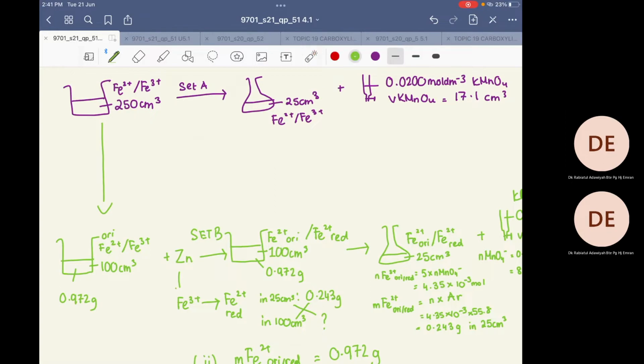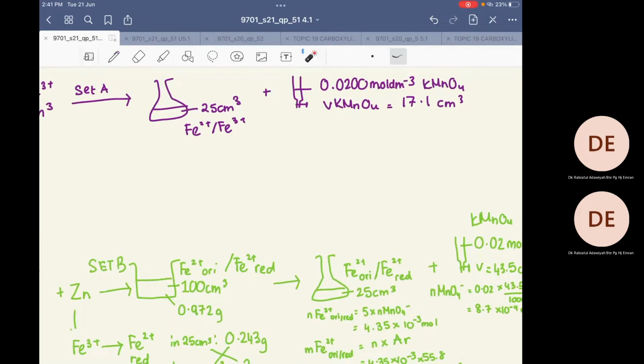The same method like we did for set B. We always start with concentration, volume. So from there, I can find the number of moles of manganate ion: 0.02 times 17.1 over 1000, which is 3.42 times 10 to the power of minus 4 mole.